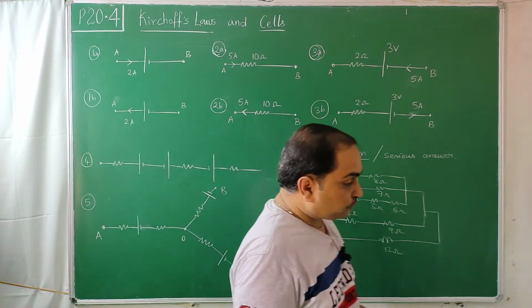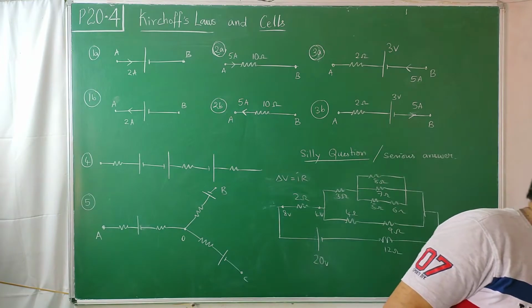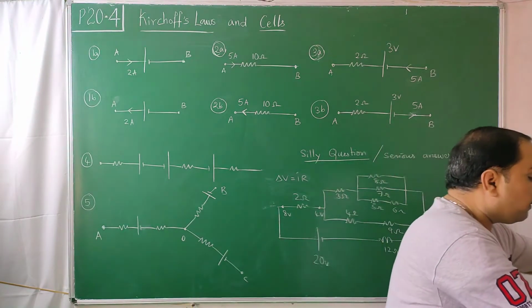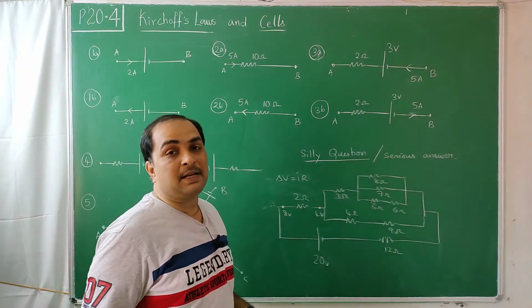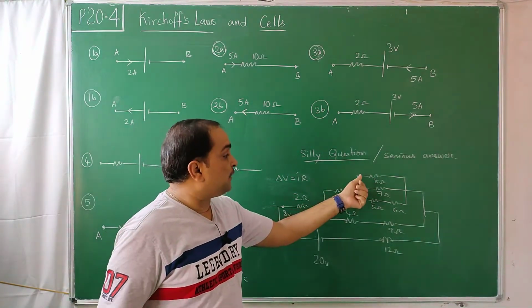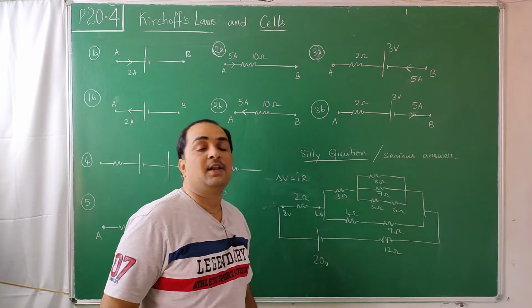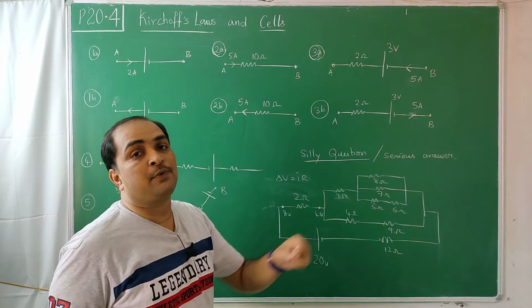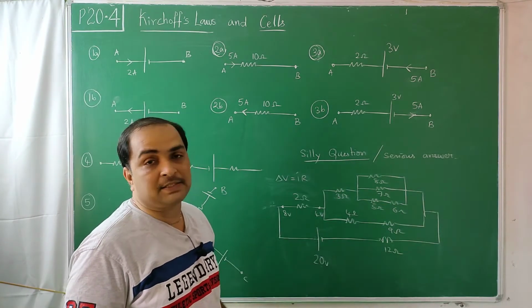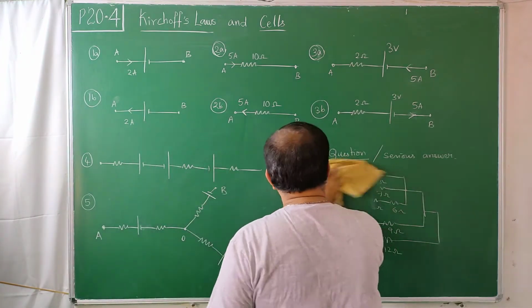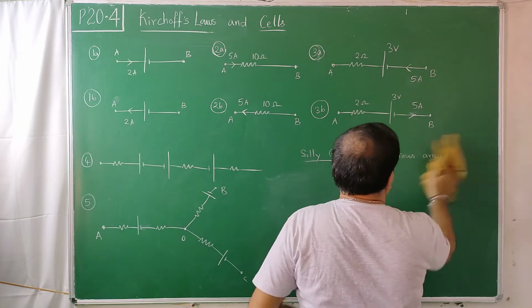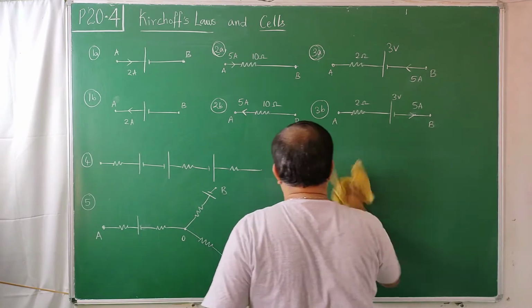So here, we are trying to learn something new, where a single battery or multiple batteries are given. We are not interested in that. Across every resistor, before and after the resistor, what is the energy difference per unit charge flown, or the potential difference across each resistor? To do that, we have to start with a very simple case and go to a very complex case.